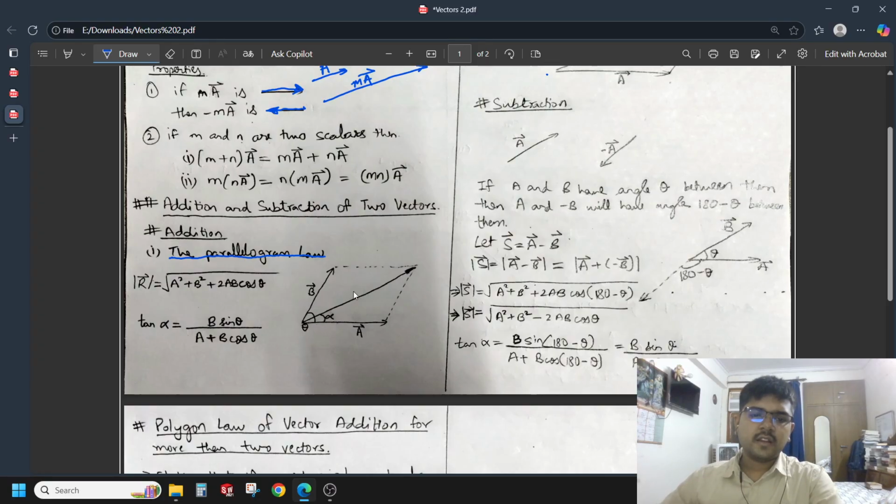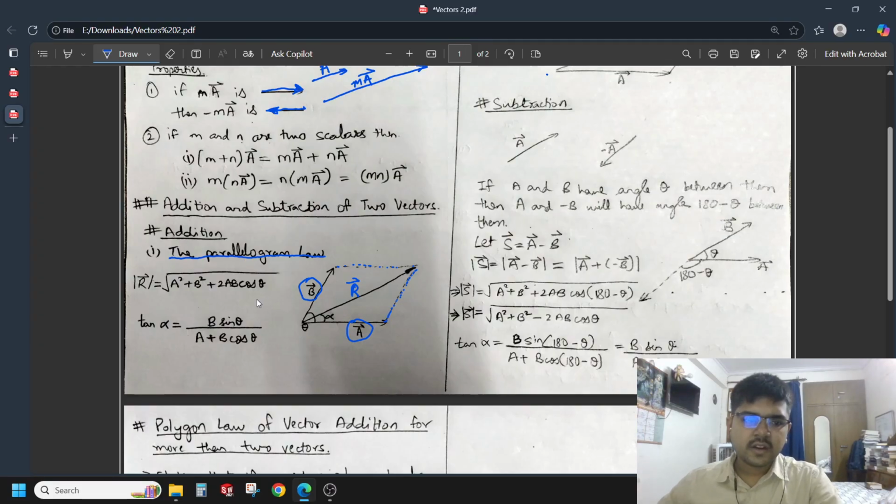Then the resultant R vector will be the included diagonal of the parallelogram that the two vectors make, like it's shown here. So the included diagonal is the resultant of the two vectors that we have added together.